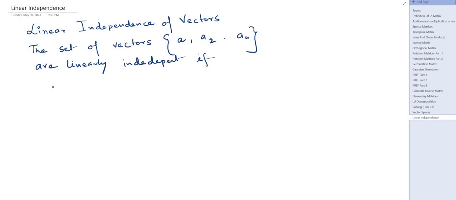if we take a constant, probably k1 a1 plus k2 a2, and so on. These are all scalar values. Okay, k1, k2 are scalar values, and if you multiply them up to kn an, this sum will be 0.